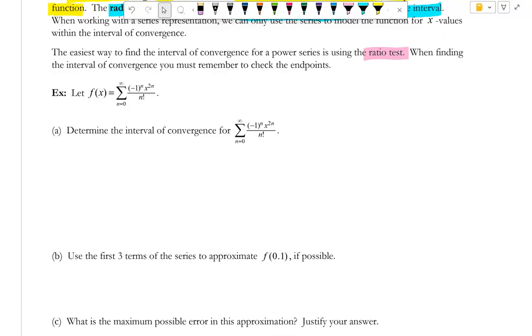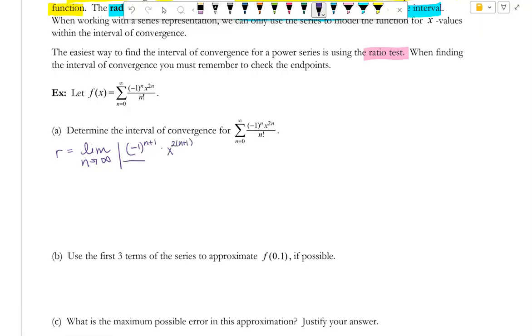So if I'm going to use the ratio test, I know that R, my ratio, is equal to the limit as n approaches infinity of the n plus 1th term divided by the nth term. So I'm going to make my n plus 1 term.